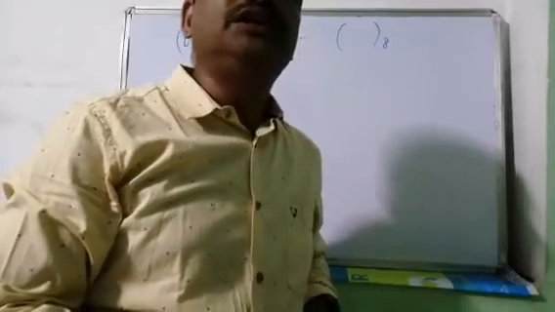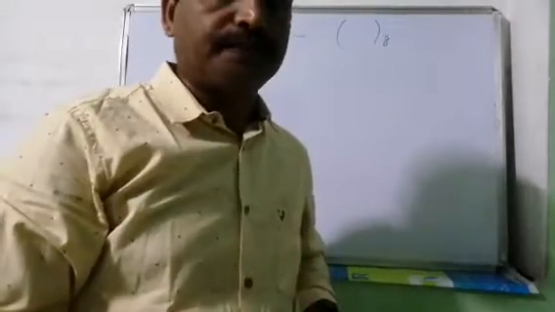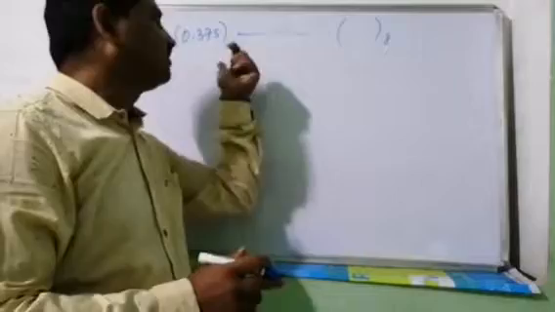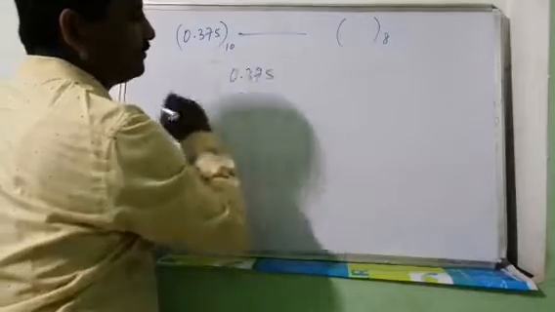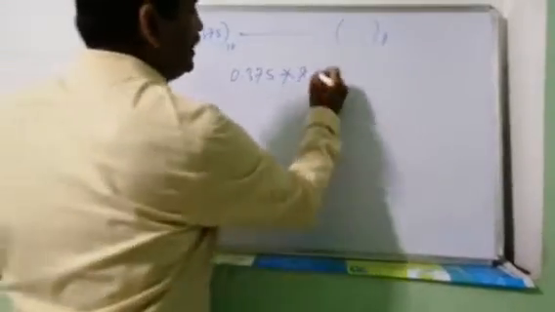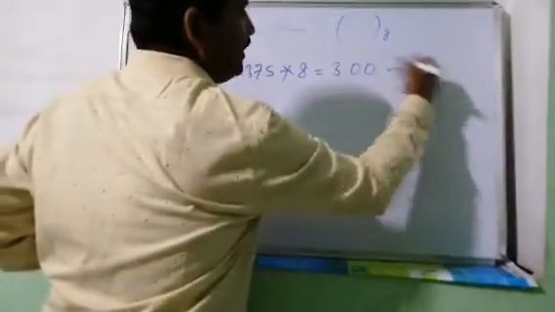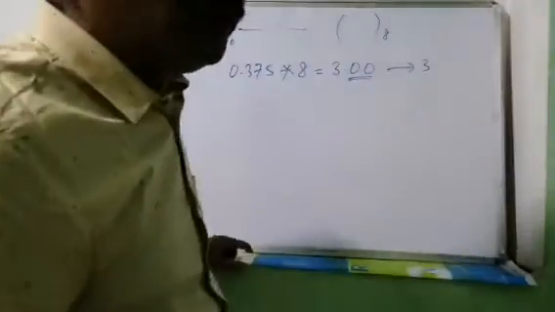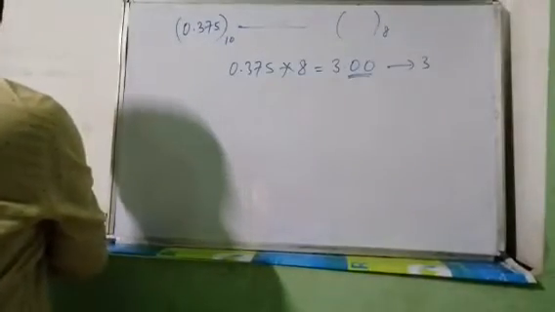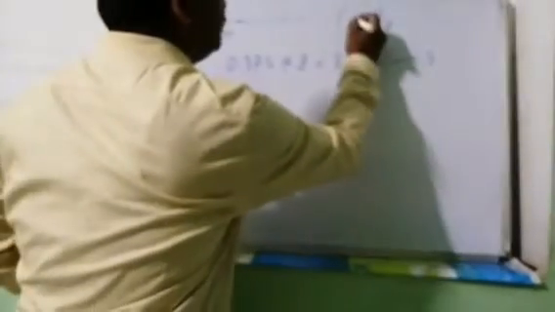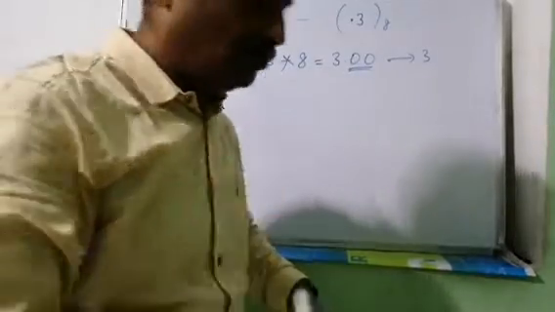In that we multiply the fraction part by 2, and here we have to multiply the fraction part by 8. So 0.375 times 8 equals 3.0. The integer part is 3 and the fraction part is 0, so we do not need to multiply again. So this will be the octal number. Now do one more.